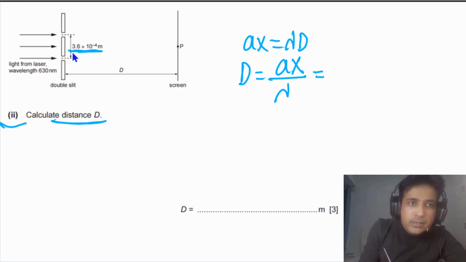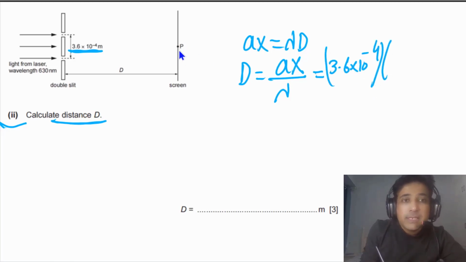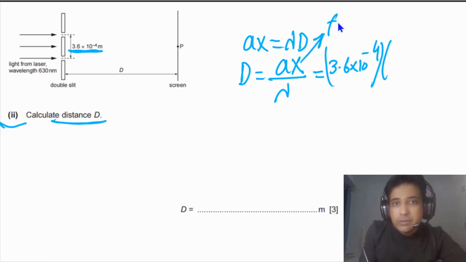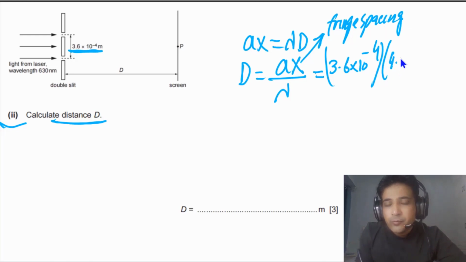This is the slit separation, 3.6 times 10 to the minus 4. Also the fringe spacing x is given, the distance between two consecutive bright fringes, equal to 4.0 times 10 to the minus 3.